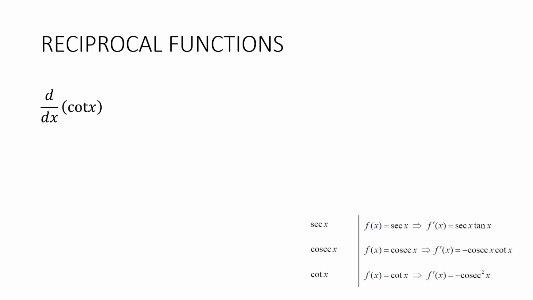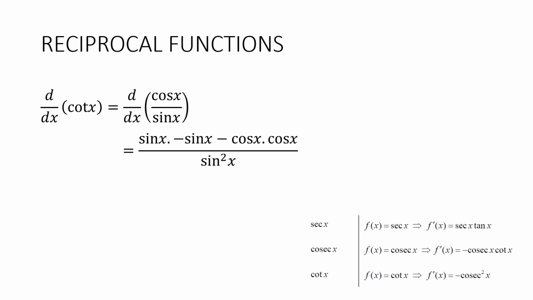And the derivative of cot x, which we're going to do slightly differently because cot x is equal to cos x divided by sin x. And so we have a quotient rule. Now I could write out u is equal to cos x and v is equal to sin x, and I encourage you to do that. But if we substitute it straight into the formula, we get this. Let's have a look.